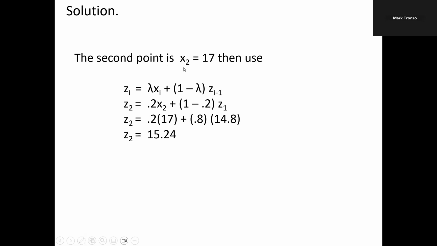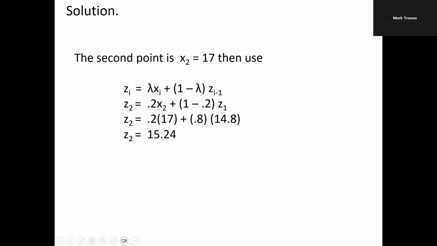Second point from our chart was 17. Use the same equation. So i is now 2, so it's going to be 0.2 times x2, plus 1 minus 0.2. And then for z, again, it's i minus 1, so it's going to be 2 minus 1, which is 1.